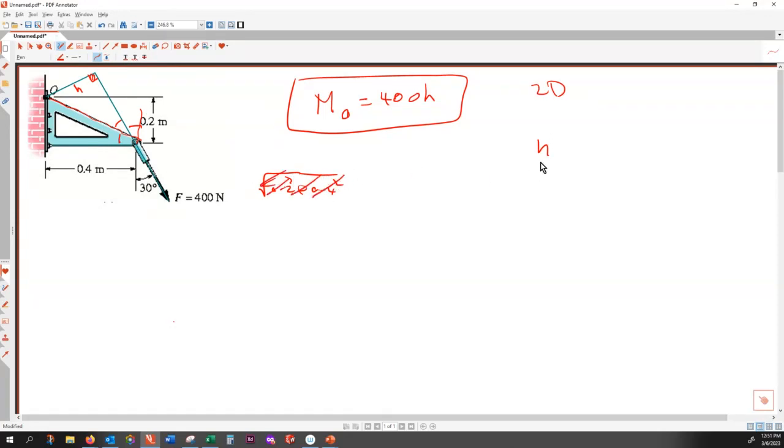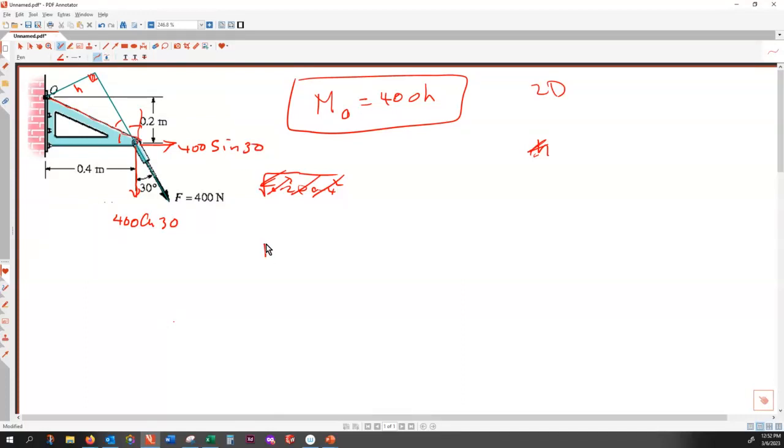If I want to skip the trigonometry, let me project this force into two components. That component and this component here. That is 400 cos 30, and this one is 400 sin 30.